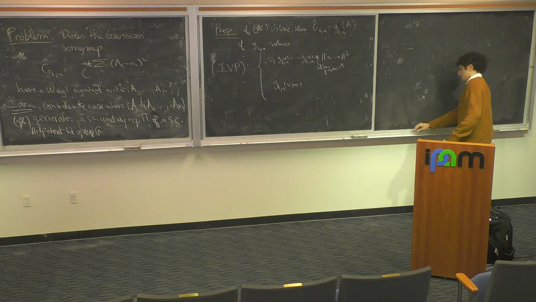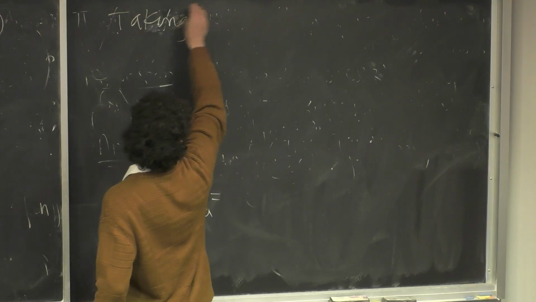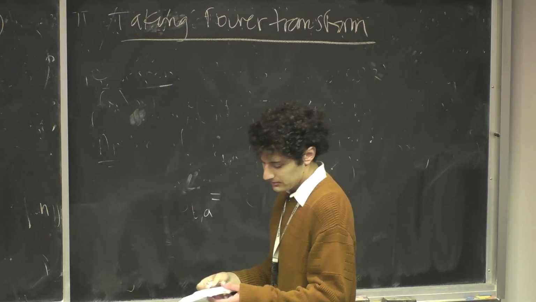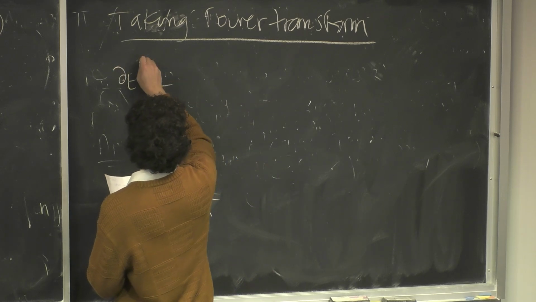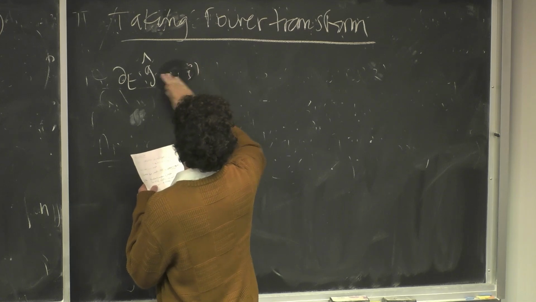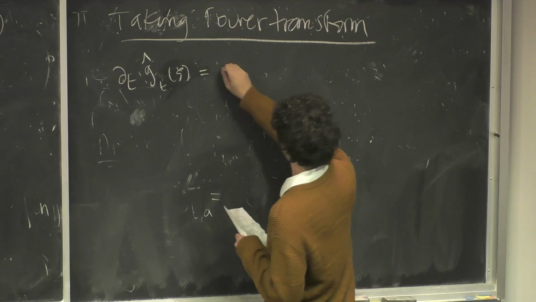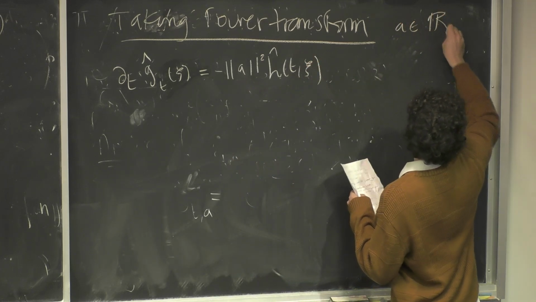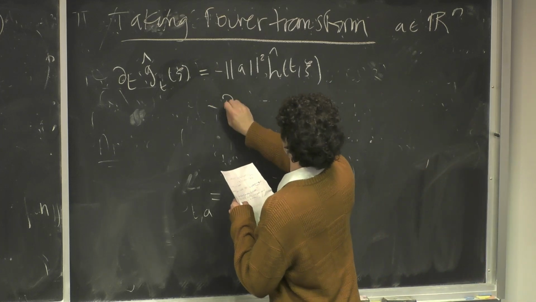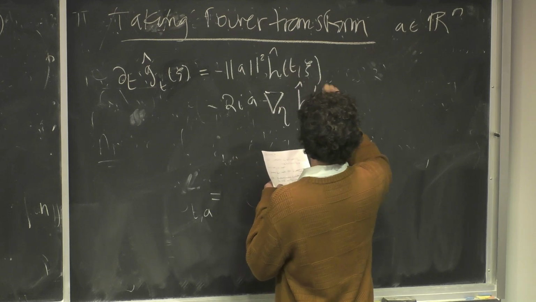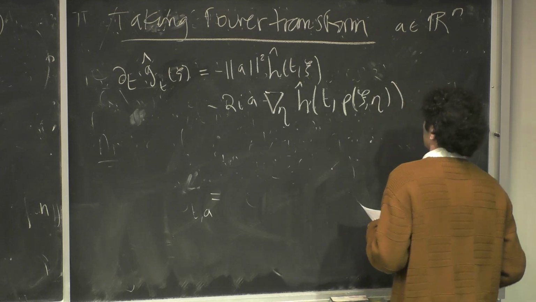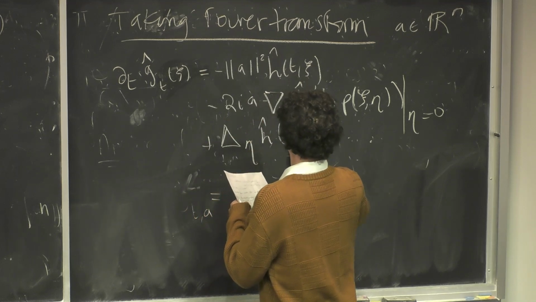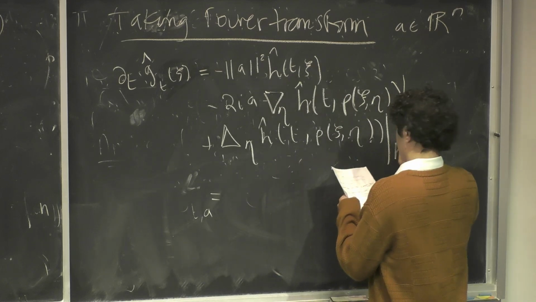Taking the Fourier transform, we obtain the following: the partial t of g hat of (t, xi) is minus a squared h hat of (t, xi), which is just a fixed number, minus 2ia times the gradient with respect to eta of h hat of (t, xi, eta), evaluated at eta equals 0, plus the Laplacian in eta of h hat of (t, xi, eta) at eta equals 0.